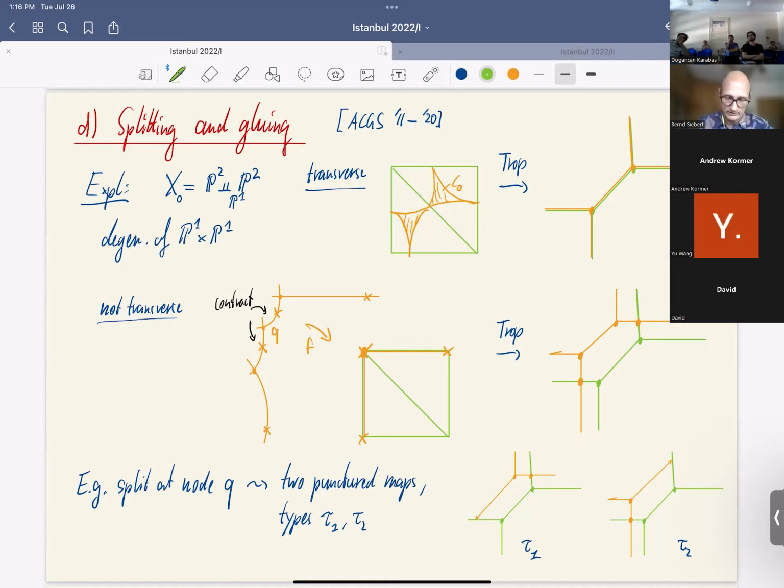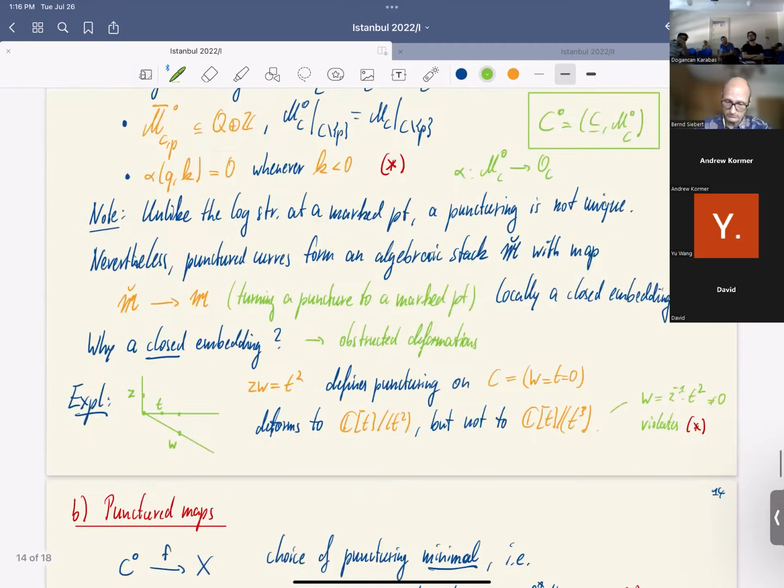canonical scattering diagrams. Anyway, the first motivation was not really defining wall structures, but we wanted to understand how log Gromov-Witten invariants behave under splitting and gluing.